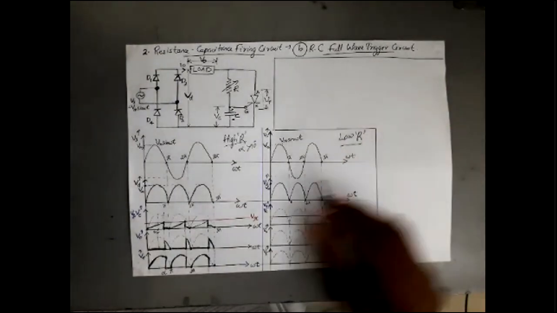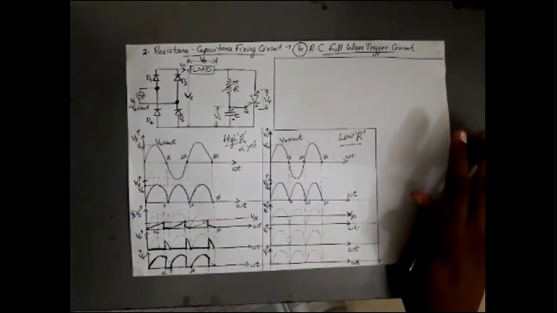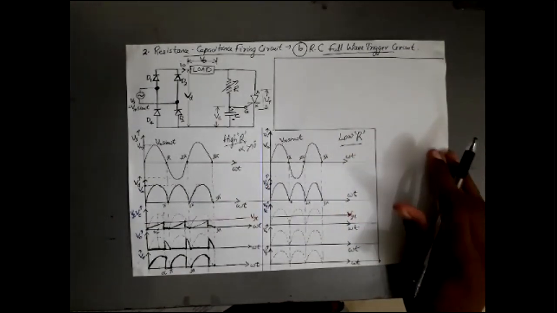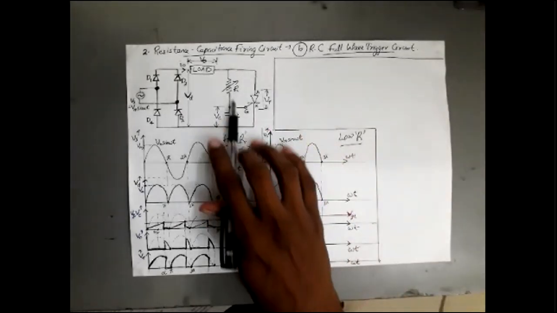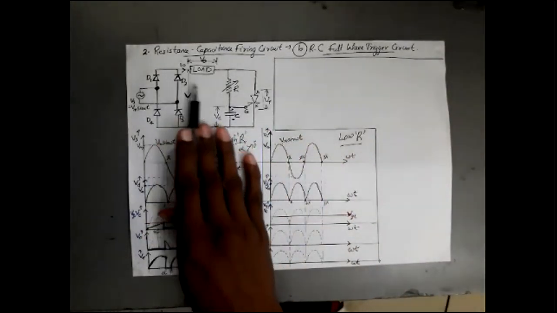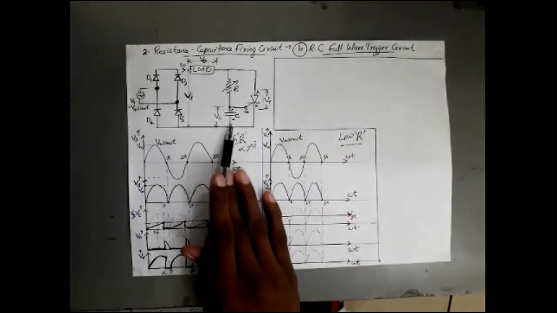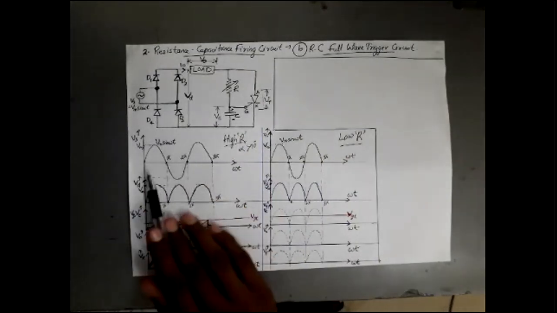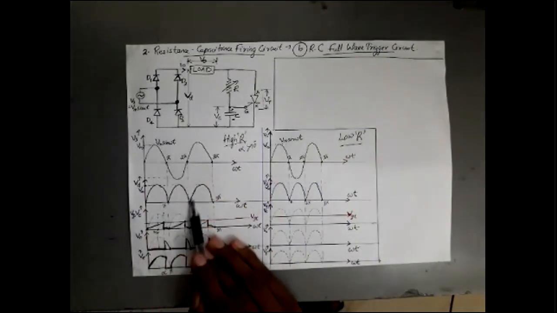And it is for high value resistance. Now consider a low value resistance case. Here, what is the situation? Low resistance means during positive half cycle and during negative half cycle, the charging current will be flowing through my capacitor, as I have mentioned earlier, because Vd is positive in both the cases.